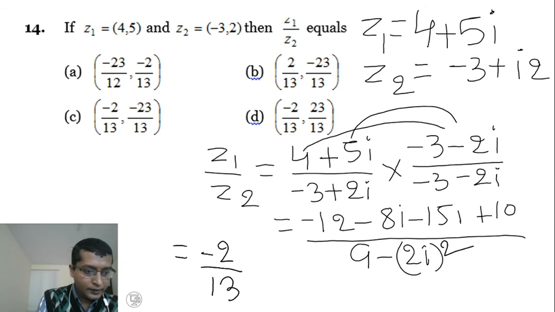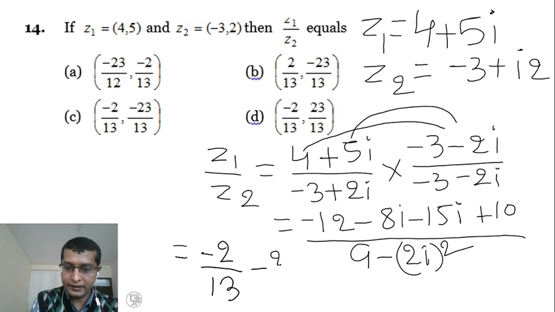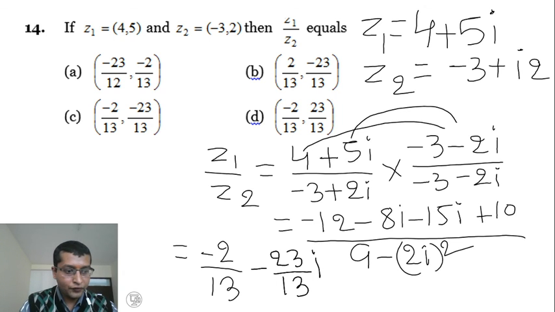Then -8i - 15i is -23i. The first coordinate is -2/13 and the second coordinate is -23/13.